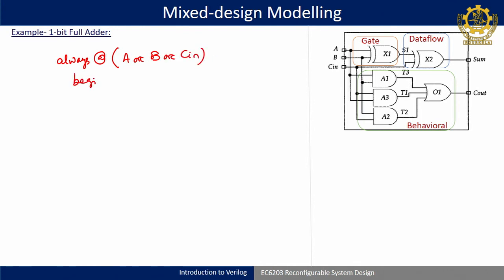Then you write down begin. Begin is a sequential block, begin and end. This is also called the sensitivity list. Sensitivity list means this block is sensitive to these inputs. If any change happens, either A or B or Cin, this block will execute, and it will execute as long as the events are happening. Once the events stop, it will stop execution.